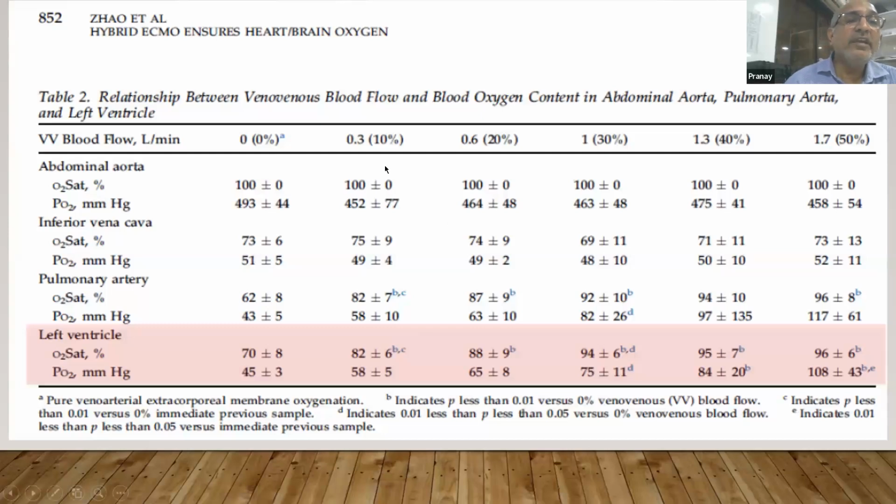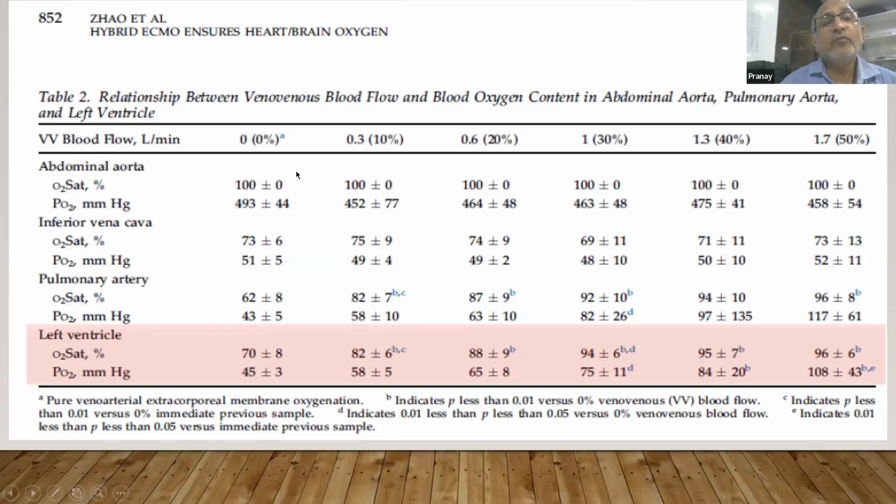Now, how does VAV ECMO help? If you see the patient already on VA ECMO, this is a study by Zoe et al. in hybrid ECMO. What it shows is that when you convert the patient to VAV ECMO, if the patient is only on VA ECMO with zero flow in the venous system, then the left ventricular saturation remains around 70% and the PO2 is only 45.